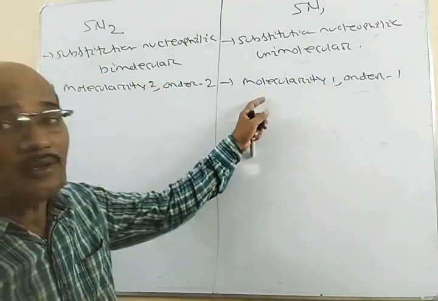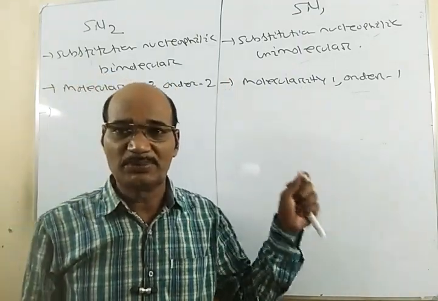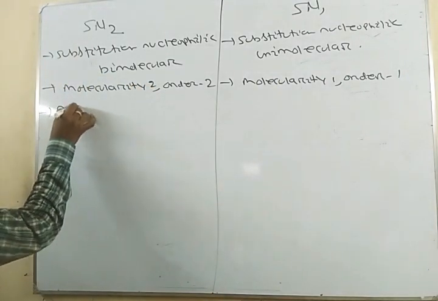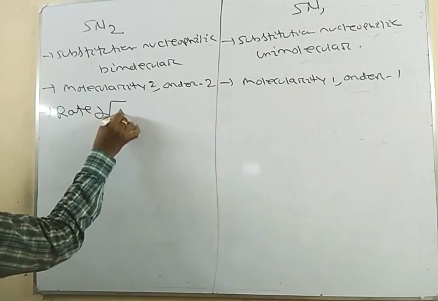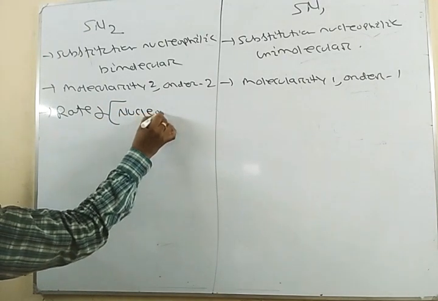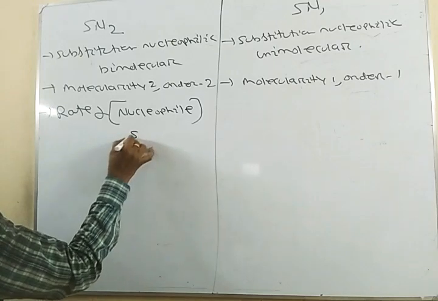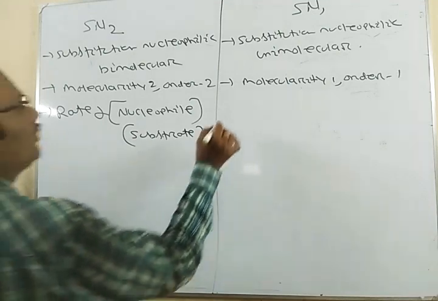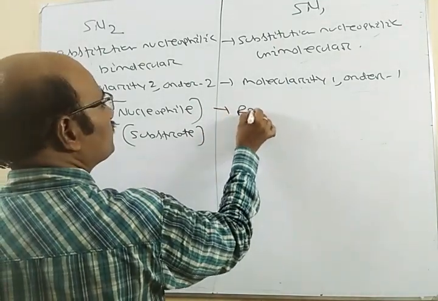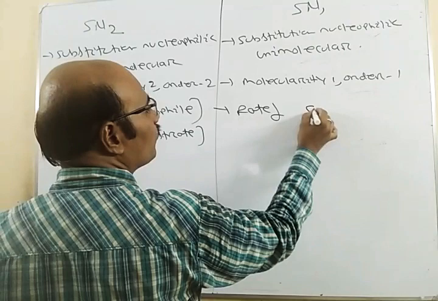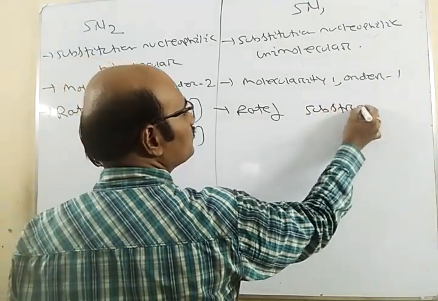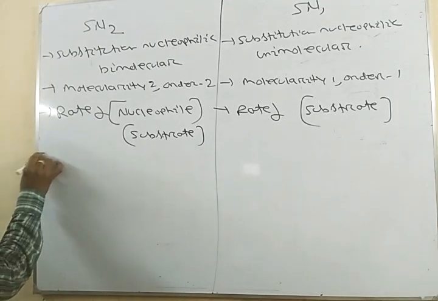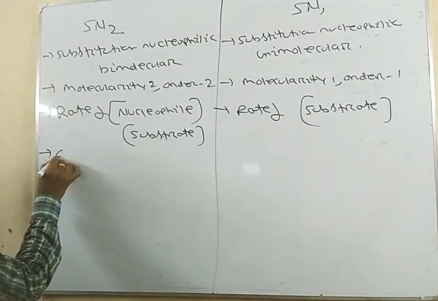But in SN1, the rate of the reaction depends only on the substrate. So in SN2 the rate depends on the nucleophile and the substrate, and in SN1 the rate depends on only the substrate.